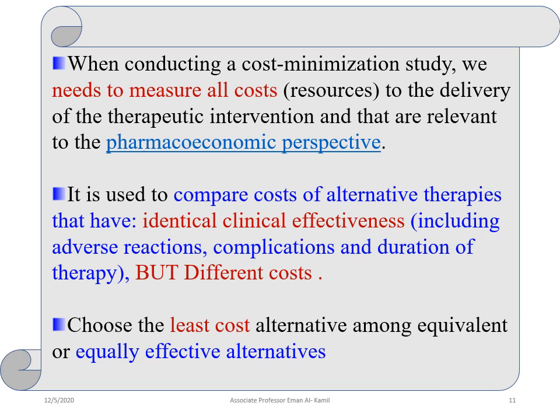It is used to compare the cost of alternative therapies that have identical clinical effectiveness, including adverse reactions, complications, and the duration of therapy, but different cost. They have the same clinical effectiveness, the same adverse effects, the same complications, and the same duration of therapy, but different costs.